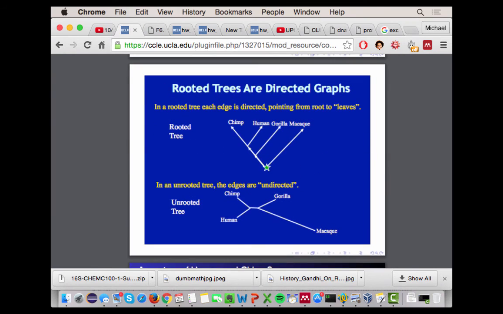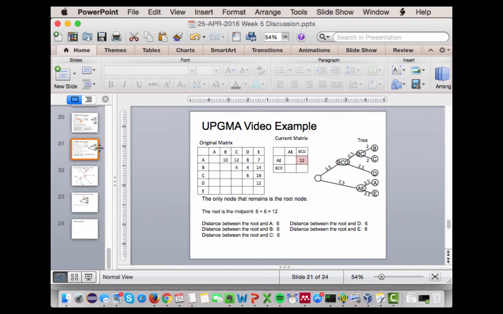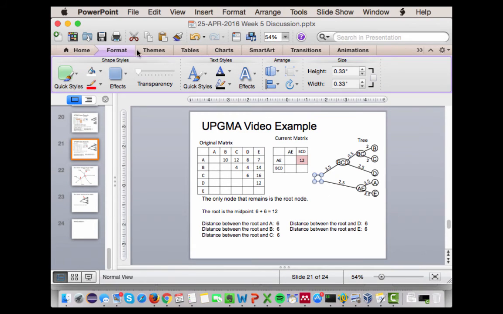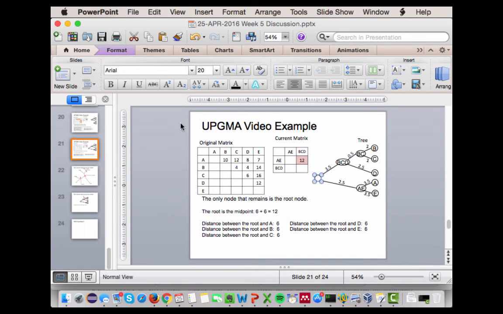Like here, we say rooted tree, and he puts a little star where the root would be. If you want to color this node red or something, that's also fine. As long as I can tell what's going on, it's fine.